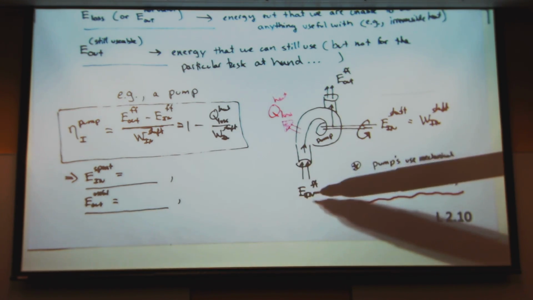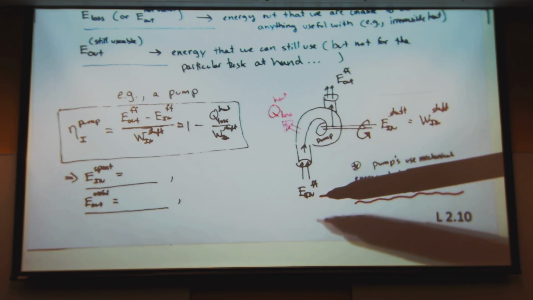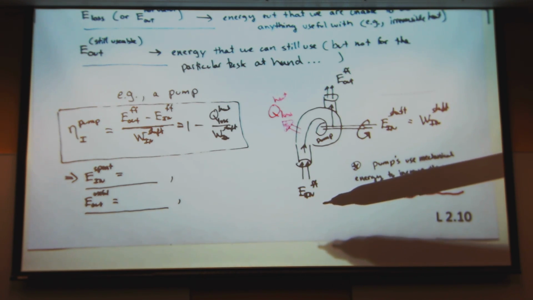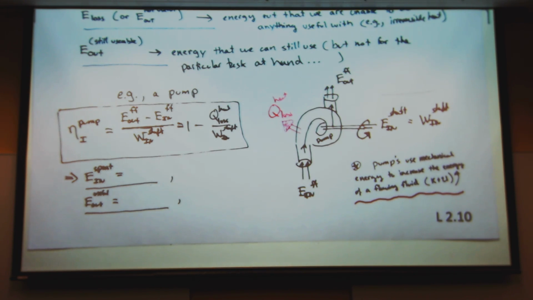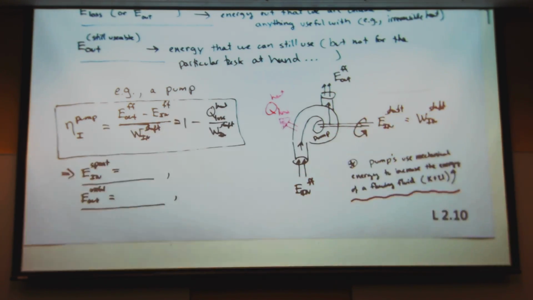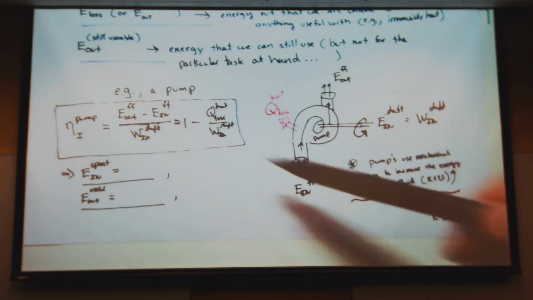If we were able to take energy into the pump from absolute 0 temperature, so we take in a fluid that was at 0 Kelvin and had no kinetic energy, then this energy in would be 0, and we wouldn't have to worry about this energy in.